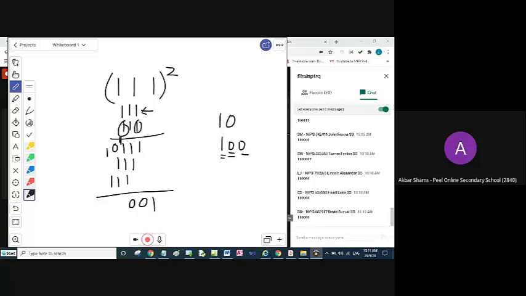Now, this column, 0 plus 1 plus 1 is 10, which is 2. So I'm going to write 0 here and 1 goes here. 1 plus 1 plus 1 is going to give me 3. 3 in binary is 11. So it's 1 goes here and 1 goes here. So 1 comes down. It's going to be 11, 3 zeros, and 1.